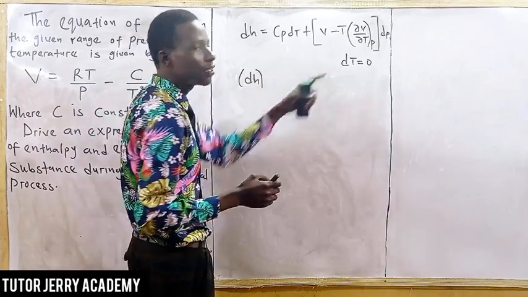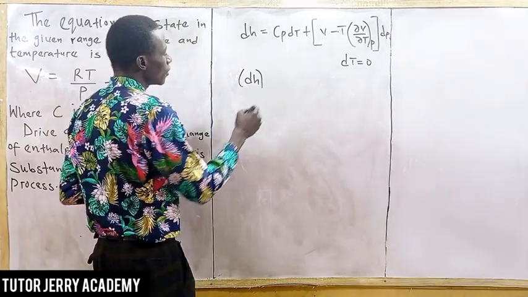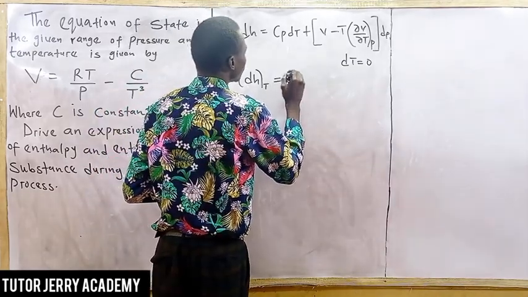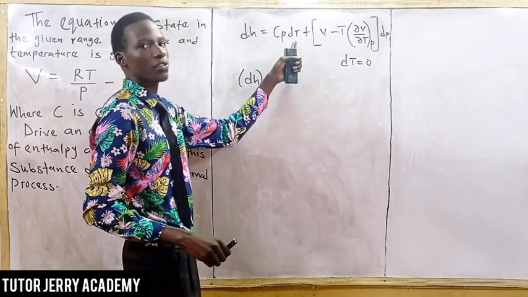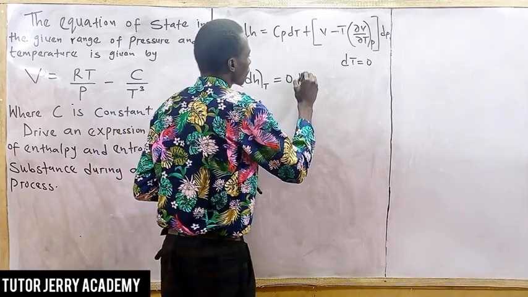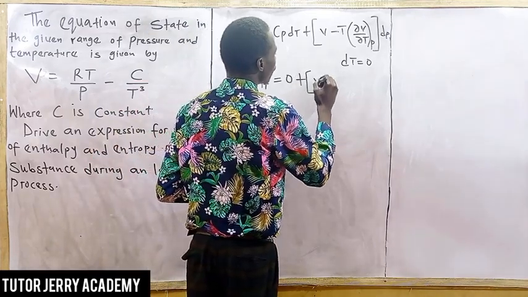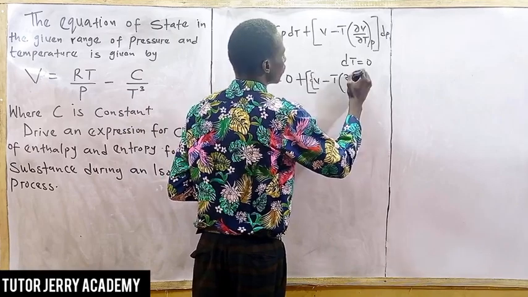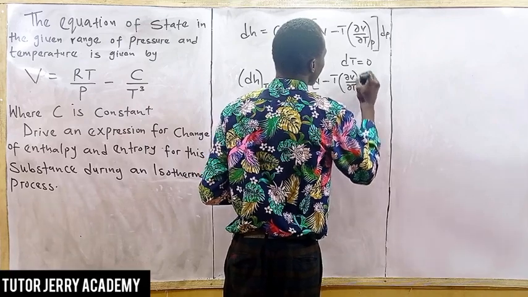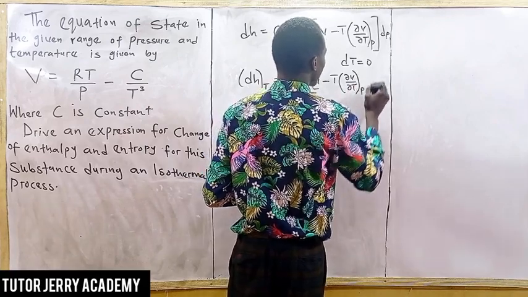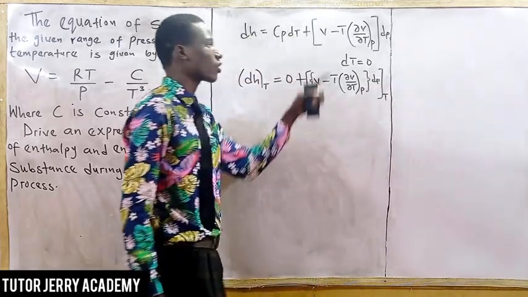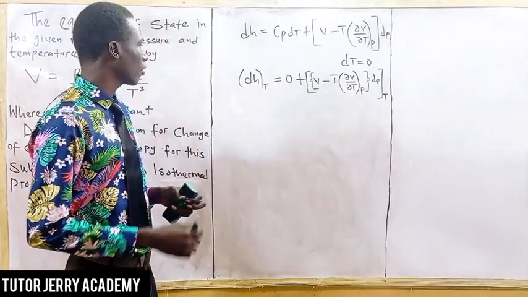Keeping T constant, the first term becomes 0, and we are left with the bracket of V minus T, the partial derivative of V over the partial derivative of T, keeping P constant.